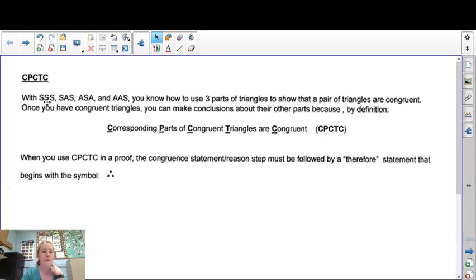So for example, say I'm using side, side, side, and it's asking me to prove that an angle in that triangle is congruent. Well, I've already proved the sides, so then I have to go back and say, since I've proved the triangle is congruent, therefore the angles are also congruent based on CPCTC. Corresponding parts of congruent triangles are congruent.